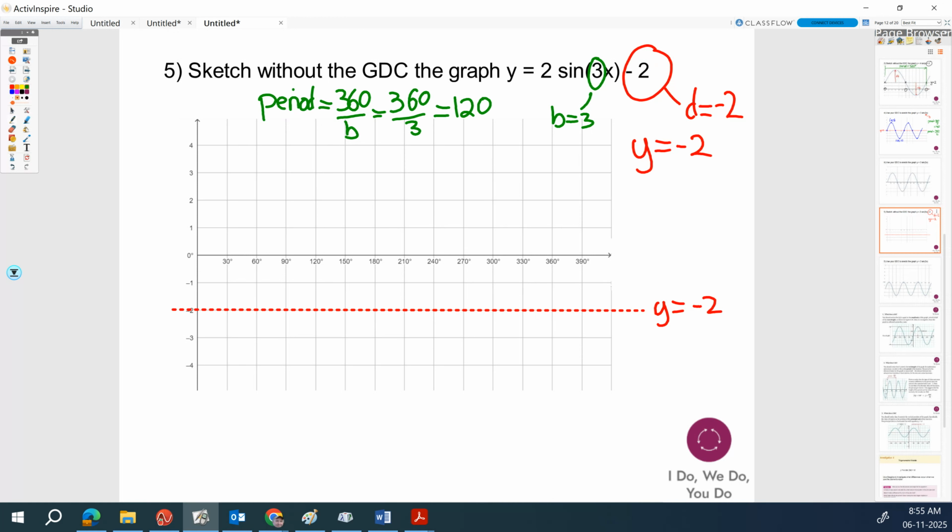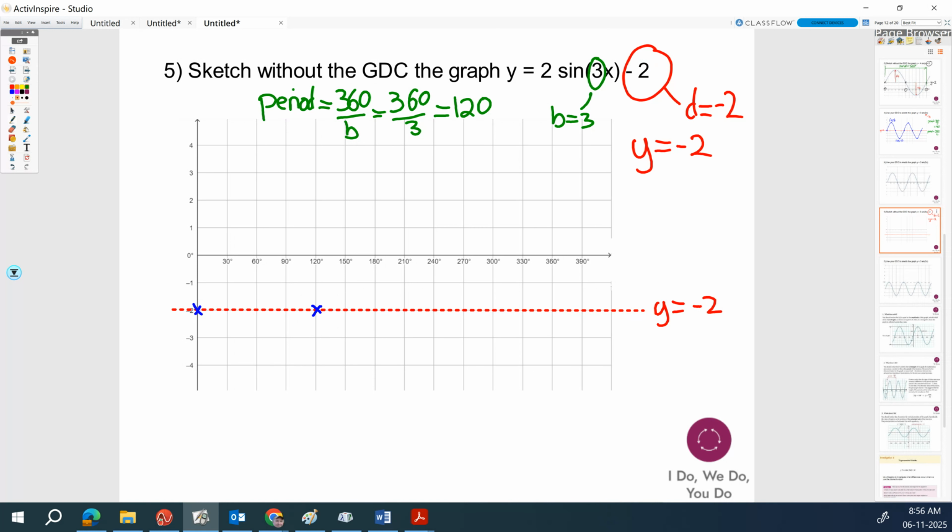We use the period like this. So the graph of a sine function is going to cross the principal axis 3 times in the period. It's going to start off here on the principal axis. It's then going to cross it again at the end of the period here. So this is the period length.